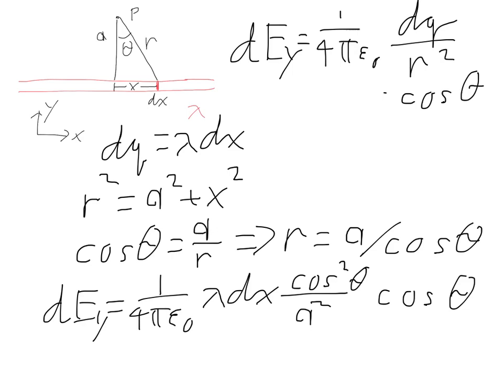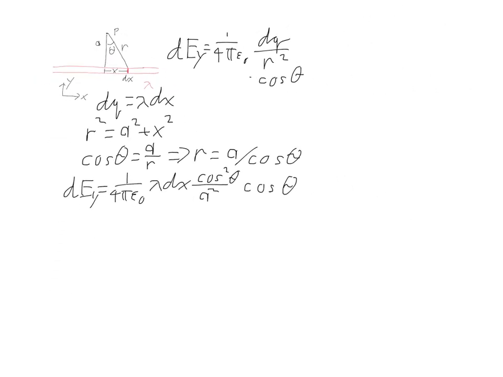Okay, now, so we have dx. We could try integrating over that, but we see that the angle is going to have some sort of very direct relationship with x. So let's try doing that and see what else that's going to give us.